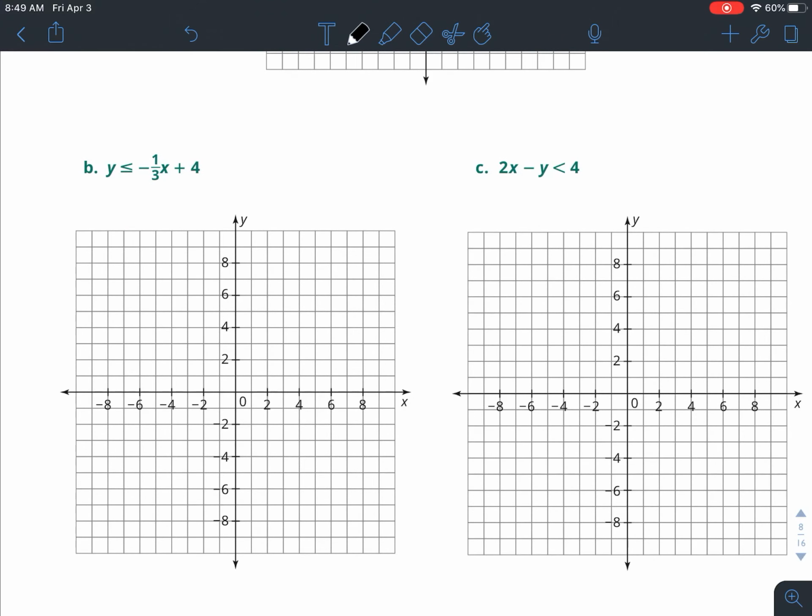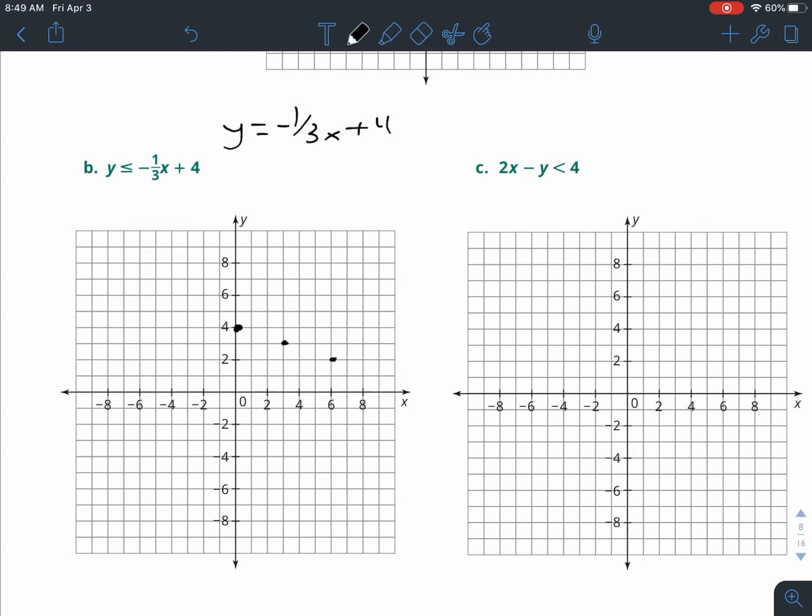So let's look at B. We got to figure out the graph first, so we have to make this as y equals negative 1/3 x plus 4. We see our starting point is 4. Because it is negative 1/3, our graph is going down. So to do this, you go over to the right 3. 1, 2, 3, down 1.